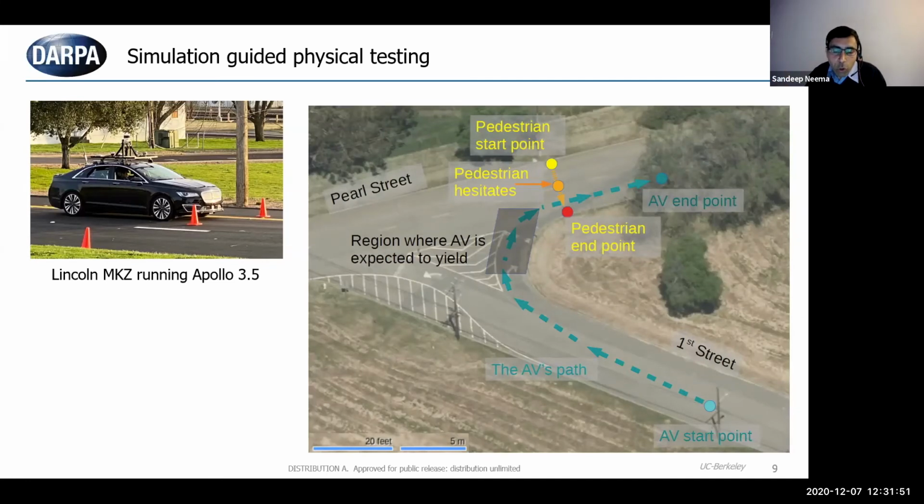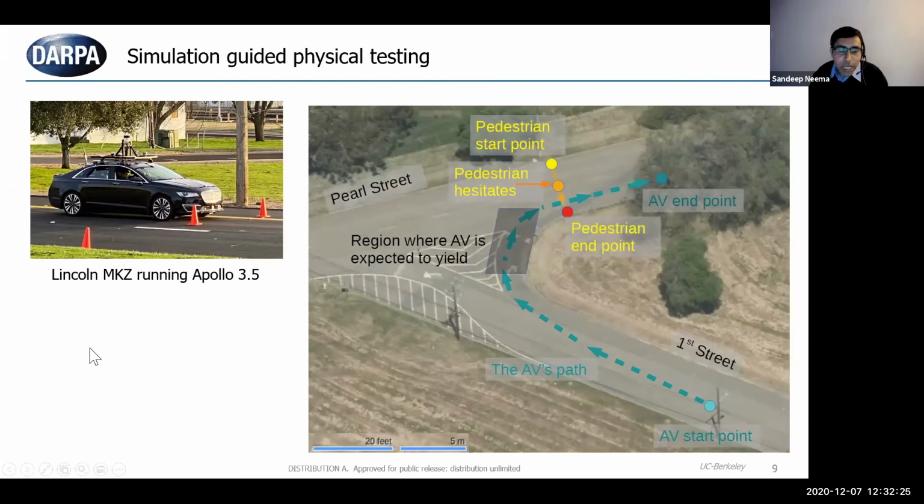For evaluating a scenario like this, there are many different parameters, many different things that could vary, and you want to understand the behavior of the autonomy algorithm with respect to all these variations, right? So here, it may matter where the AV started from, when the pedestrian started relative to the AV, if the pedestrian is going to hesitate, how long he hesitates while the AV is interacting with him, and by the time he gets to an endpoint.